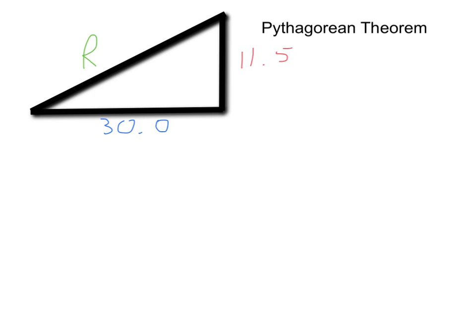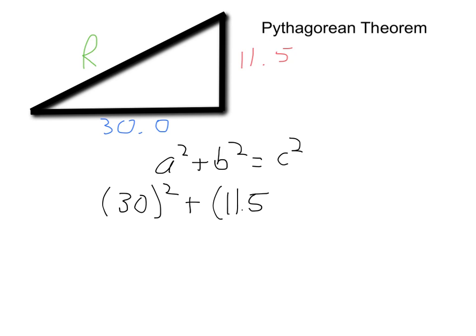Now if I know two sides of my triangle, here's the base, here's the height, and I'm solving for a third side, this happens to be solving for the hypotenuse, I use the Pythagorean Theorem. A squared plus b squared equals c squared. So plugging in here, 30 squared plus 11.5 squared would equal c squared.